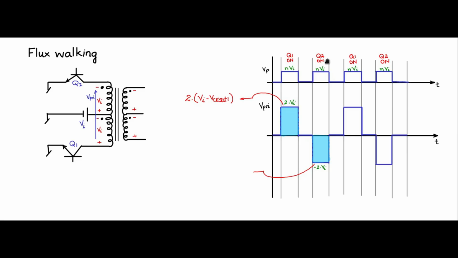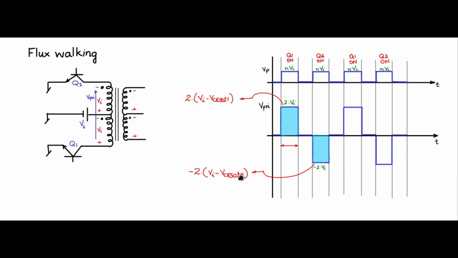Likewise, during the time when Q2 is on, you will see 2 times Vi minus VCE sat 2 across the primary coil. So there is perfect volt-second balance only when VCE sat 1 and VCE sat 2 are the same.